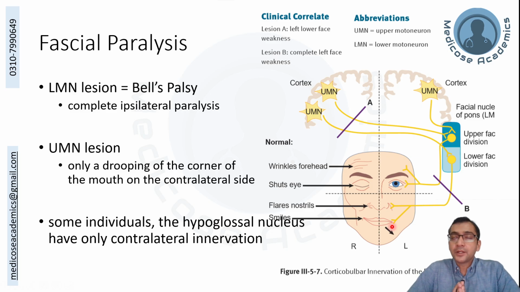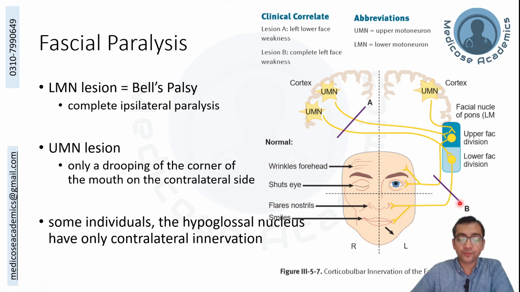Any lesion that involves the facial nerve nucleus itself or the facial nerve axons in any subsequent way, any injury in the pons that affects the nucleus, or any injury in the internal acoustic meatus, pontomedullary junction, inner ear, middle ear, stylomastoid foramen, or parotid gland, anywhere, is a lower motor neuron type lesion.